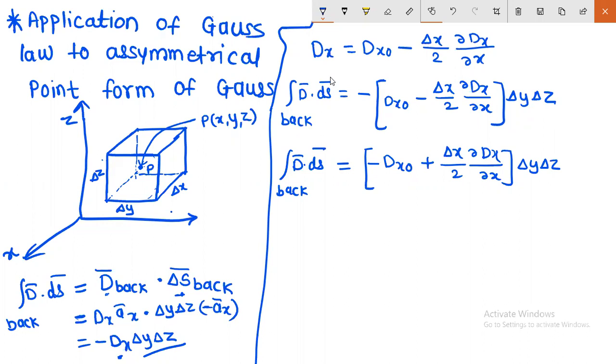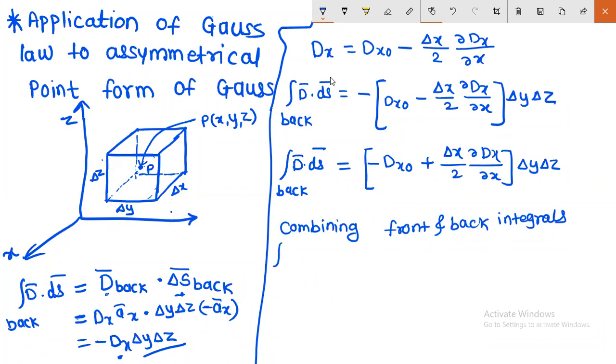Okay. Now just add these two equations for the front side and back side. So adding or combining front and back integrals. Front and back integrals.